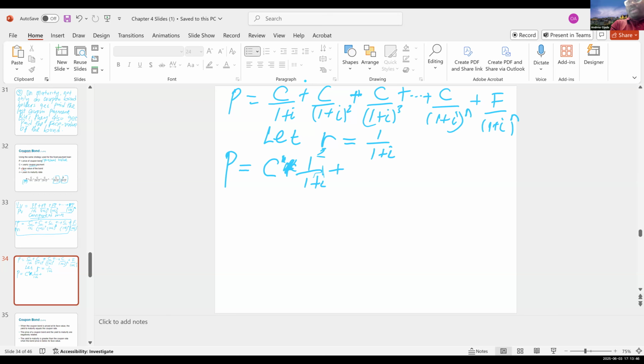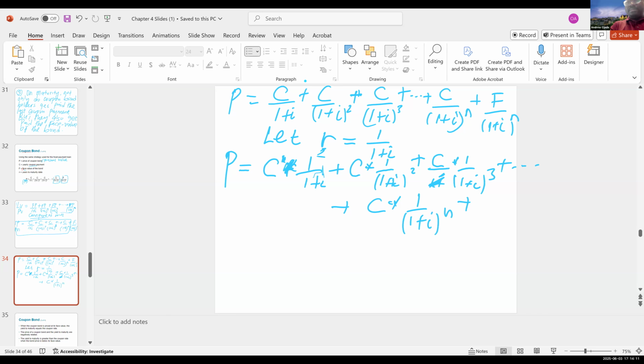C over 1 plus I squared can be written as C times 1 over 1 plus I squared, plus C times 1 over 1 plus I to the power 3, plus this is going to go up to C times 1 over 1 plus I to the power n, plus the last term, which is going to be F times 1 over 1 plus I to the power n.